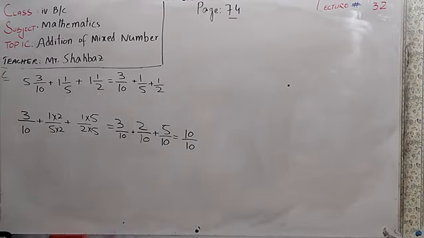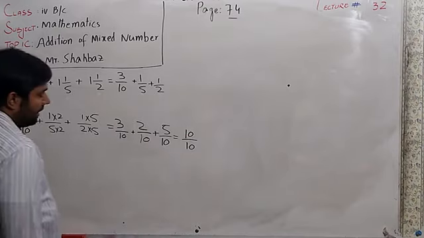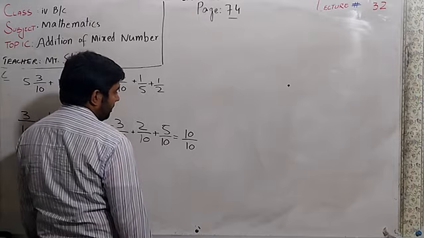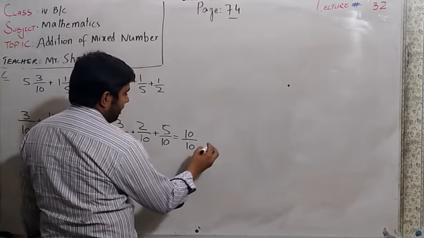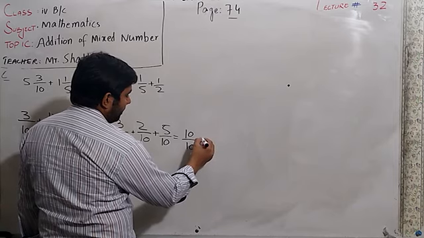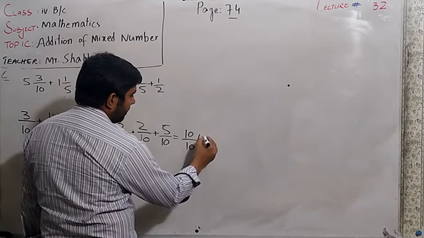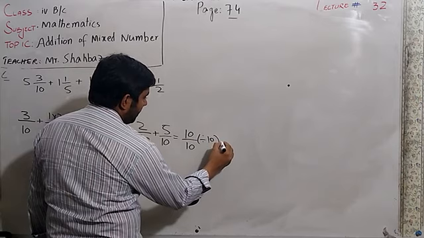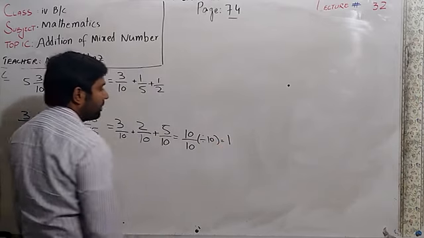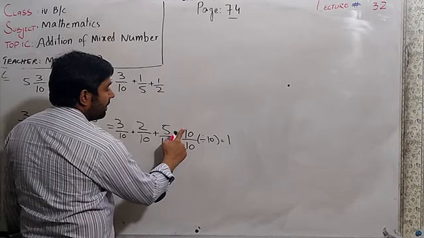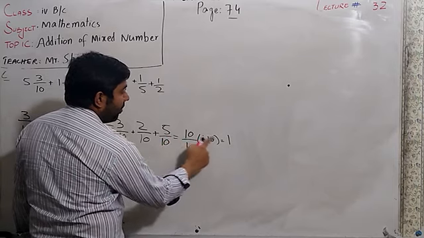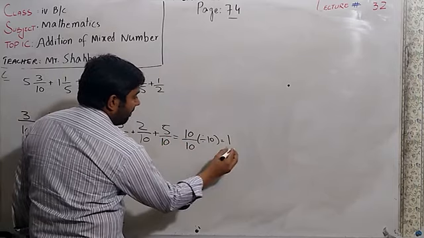Here you can see that we can divide by 10 and it will be 1, because 10 divided by 10 will be 1, and 10 divided by 10 will be 1.